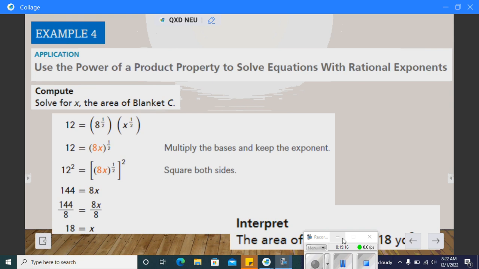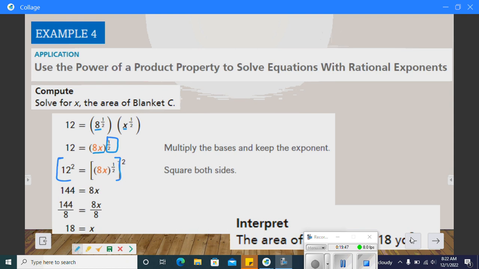You have to multiply, that becomes 8x, and they have the same exponent. Now you have to raise both sides to the power of 2, so that we will eliminate the rational exponent.